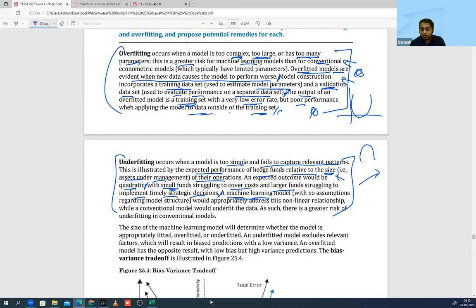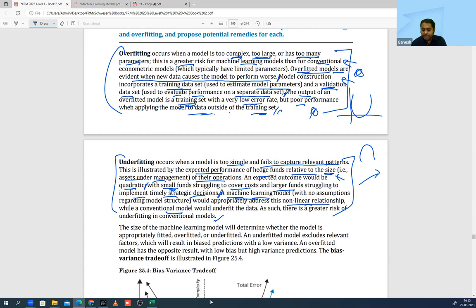A machine learning model would ideally try to capture this non-linear relationship, which a conventional model will not be able to do, because we started talking about this now. Conventional models generally focus on linear behavior, but for non-linear you have to run specific models. If you are not sure how the data relationship is going to be, you can focus on the machine learning model.